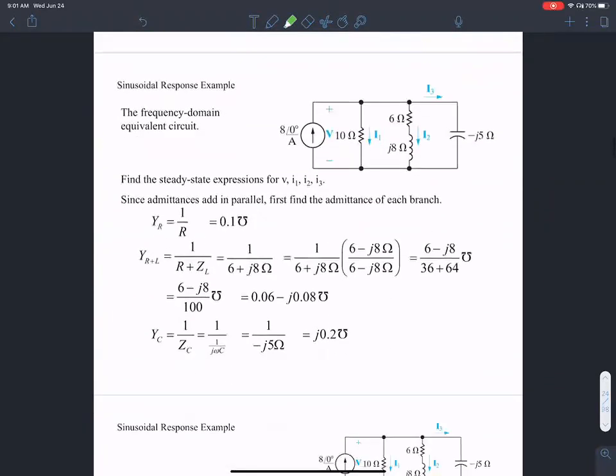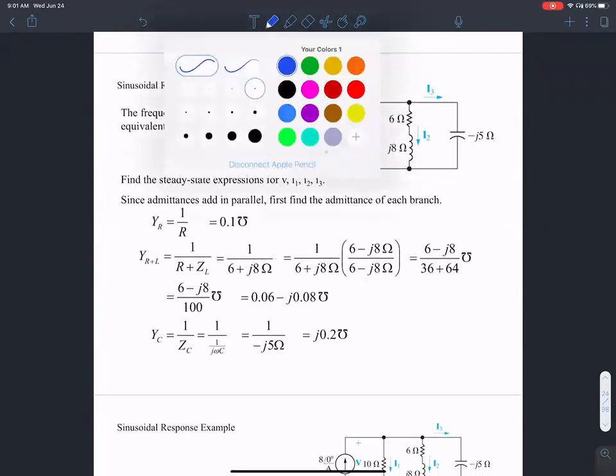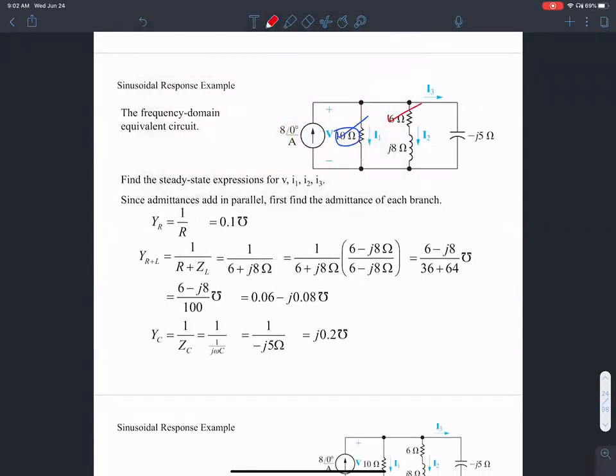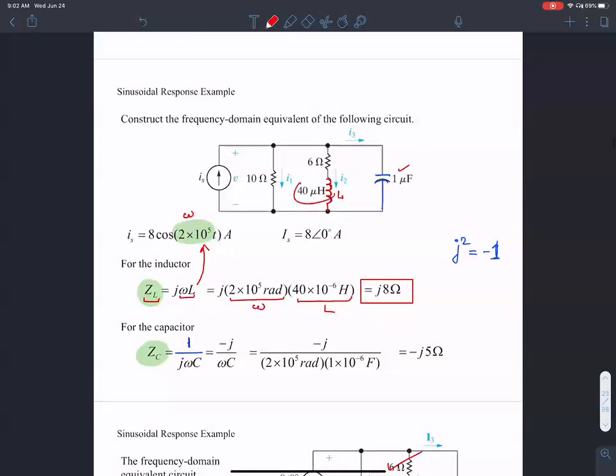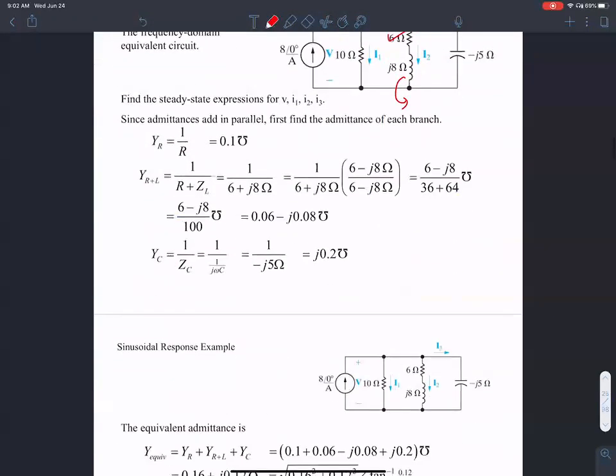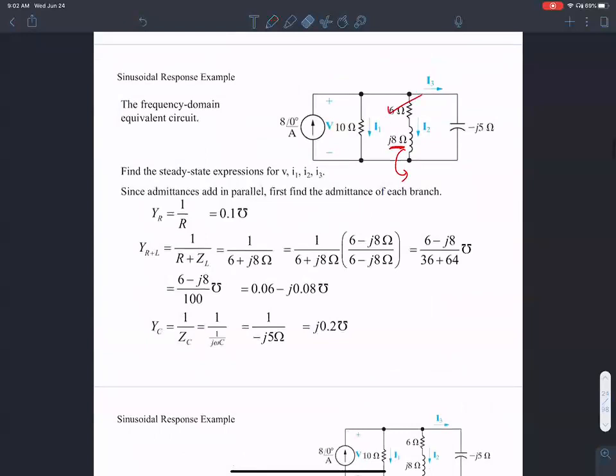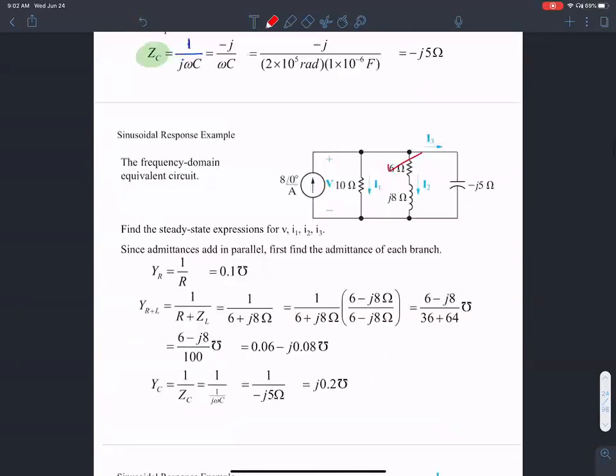Now when I convert this circuit into the frequency domain, the resistance remains unchanged, and this 40 microhenry inductance is converted to the complex impedance j8 ohms.